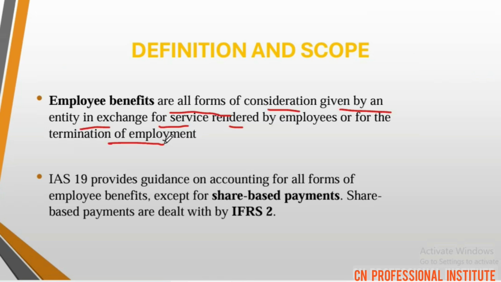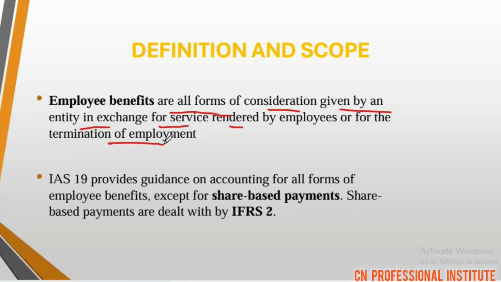We have so many employee benefits. Wages and salaries are there. We have pension or retirement contributions. We even have profit sharing agreements. We have paid sick leave. We have non-cash benefits like vehicles, fuel, any form of benefit that is given by the entity to an employee in exchange for the services rendered by the employee.